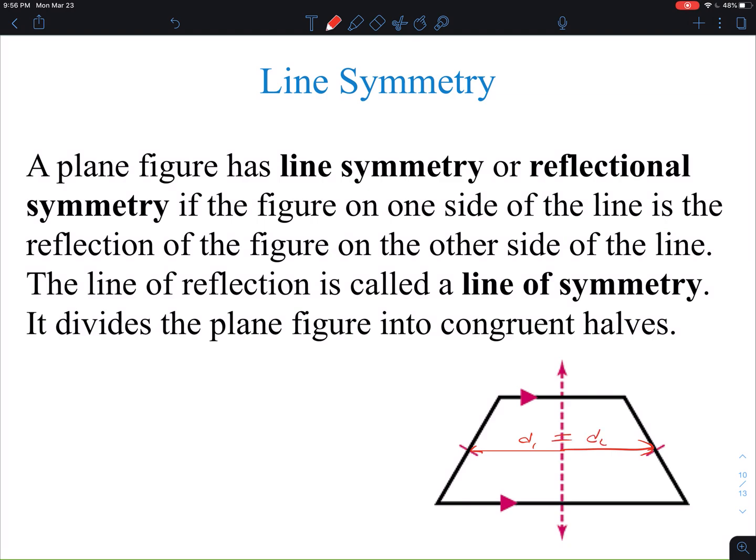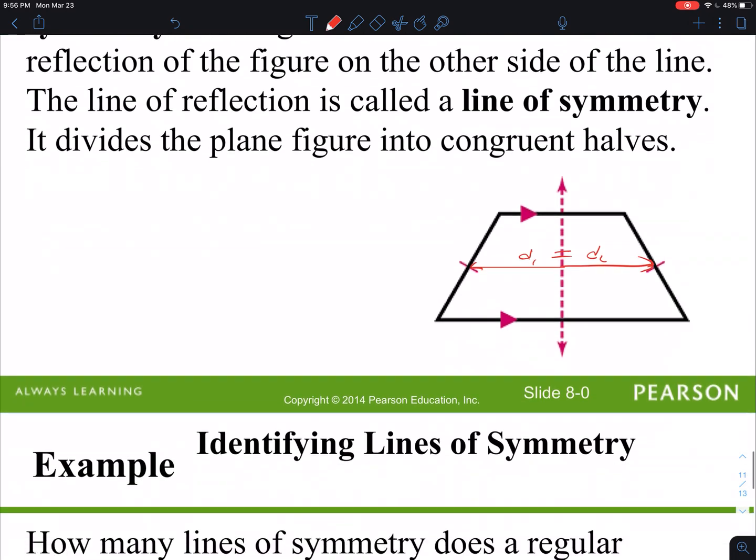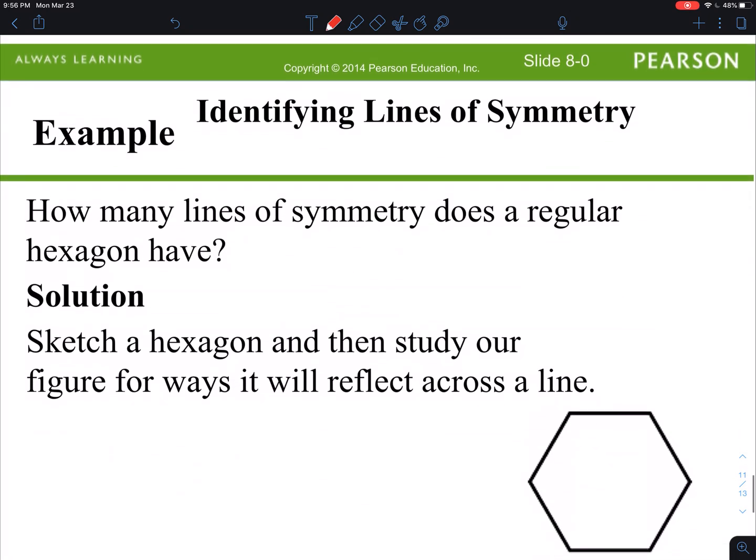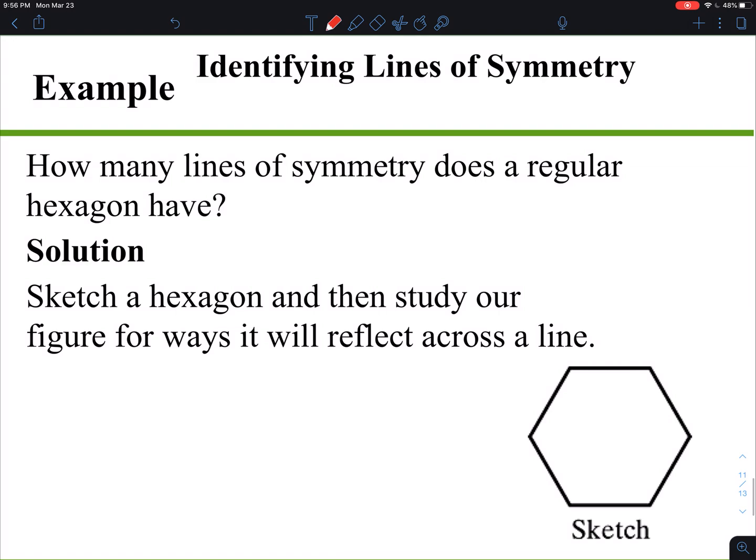So, let's go into a little more depth here. It says, how many lines of symmetry does a regular hexagon have? The solution says sketch it, and then study our figure for ways it will reflect across the line. Well, this is nice.